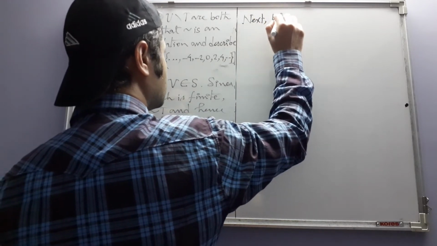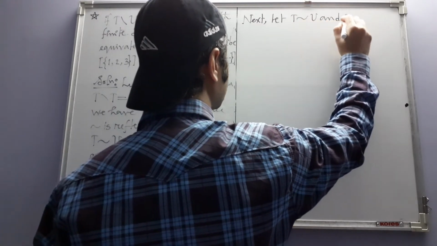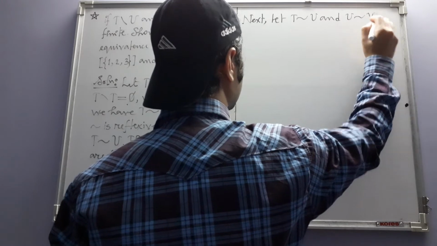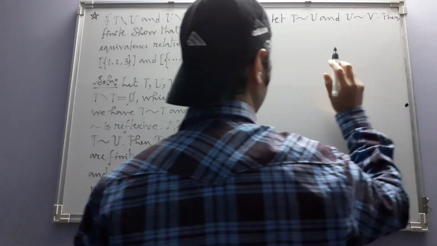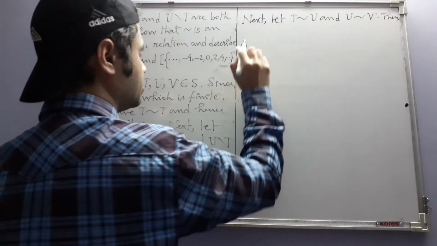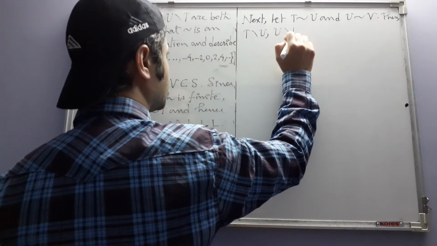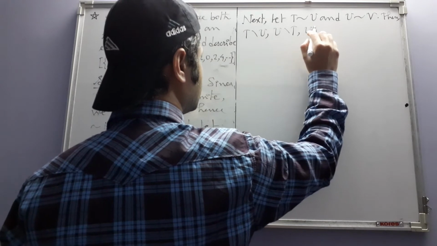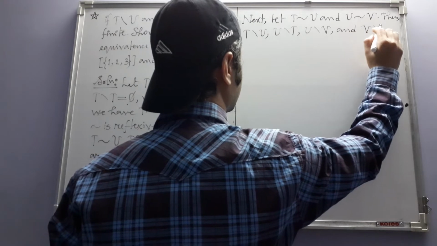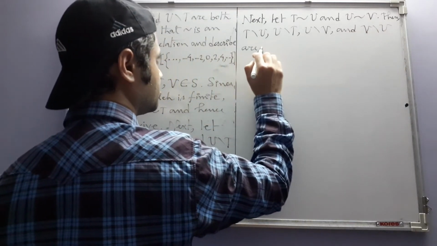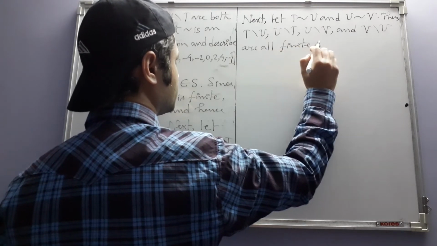Next, let these things be true. Then a number of sets will be finite: T difference U, U difference T, U difference V, and V difference U are all finite.